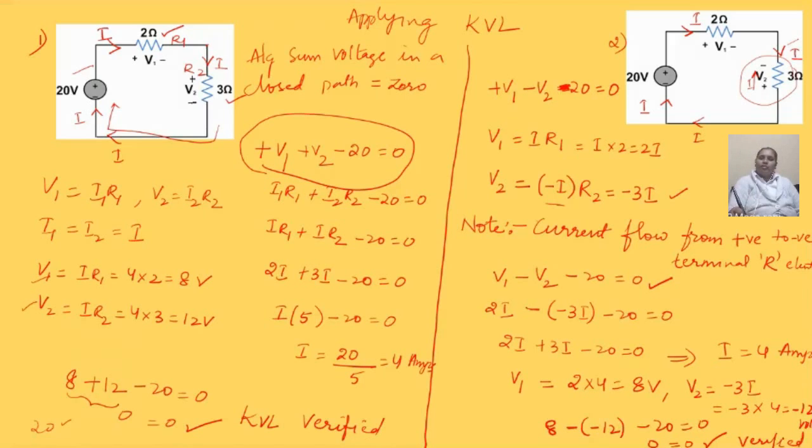The thing you need to note here is that the current should flow from positive to negative. As there is a direction reversal for this circuit, we take a minus or negative sign for the current, write the equation, and find out whether KVL is verified or not. So you need to be careful of such types of problems.